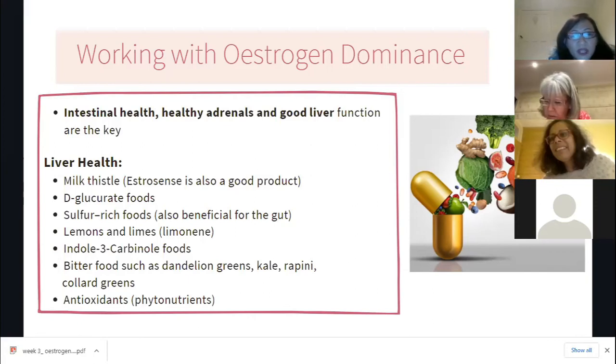That's really great if someone's having a glass too many, drinking too much alcohol, or they've got alcoholic liver problems. I'm also seeing non-alcoholic liver problems a lot in obese clients and estrogen dominant clients. It may not be caused by alcohol, but they've got fatty liver. So milk thistle is great.